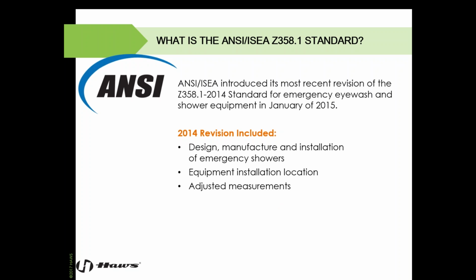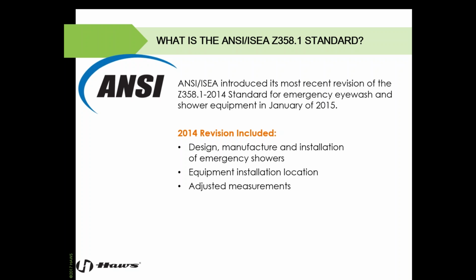So as mentioned, the most recent revision of the standard was actually published in January of 2015, but it is titled the 2014 revision. Most of these changes were focused on the design aspect of the equipment, which is important more for us as a manufacturer, but definitely important for you as the purchaser and installer to be aware of.